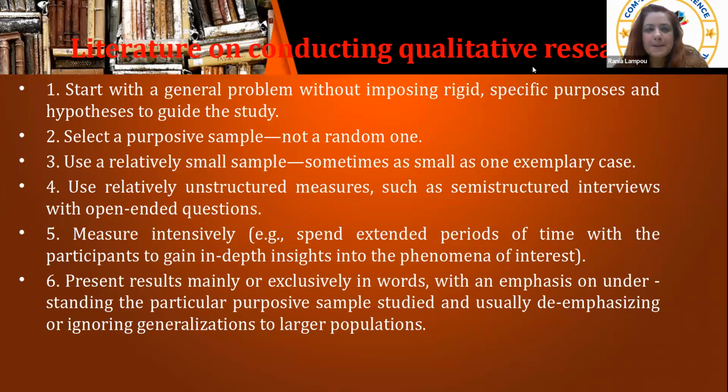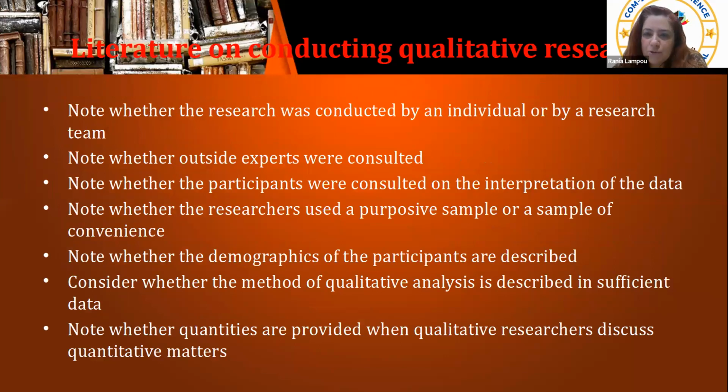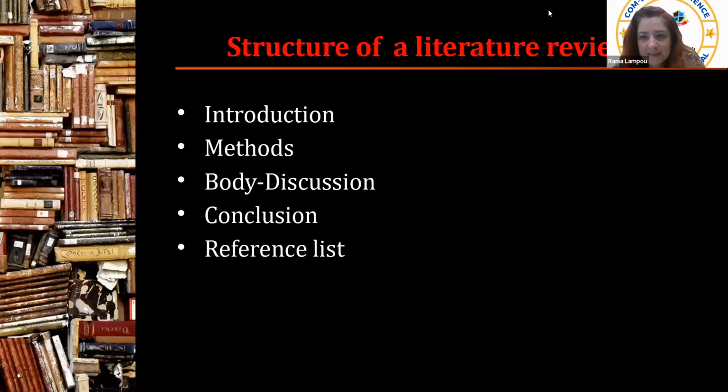And note whether the research was conducted by an individual or a team, whether outside experts were consulted, whether participants were consulted on the interpretation of the data, whether researchers used the proposed sample as said before, whether demographics are described, and whether quantities are provided, when qualitative researchers discuss quantitative matters, things like that.